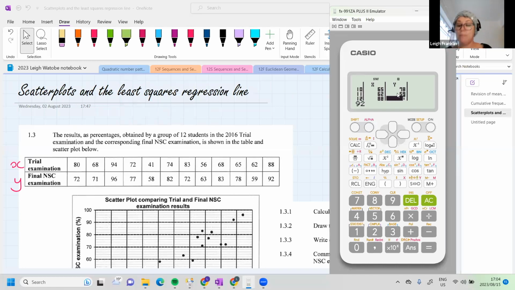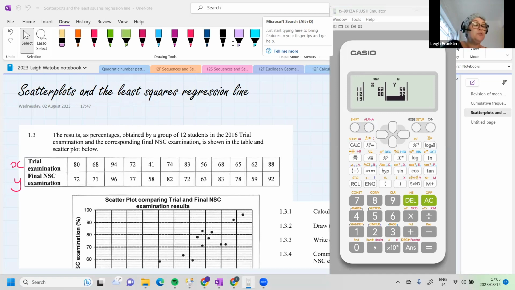Okay, I've got all my values in, so I'm just going to hang tight. Amahle, you're going to press mode and then choose option 3 and then option 2, A plus BX.